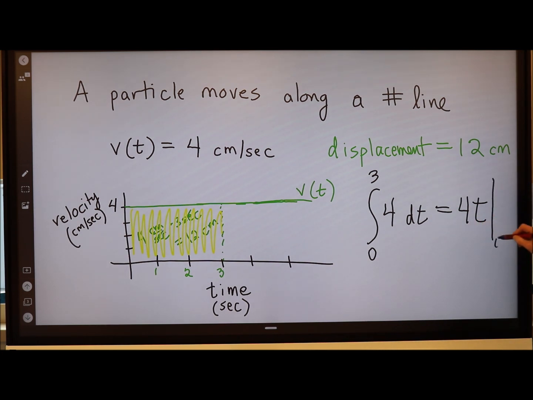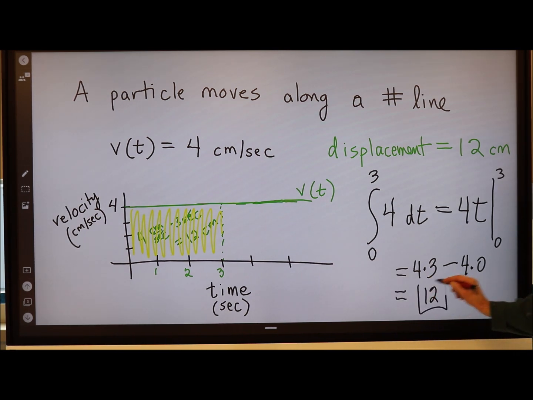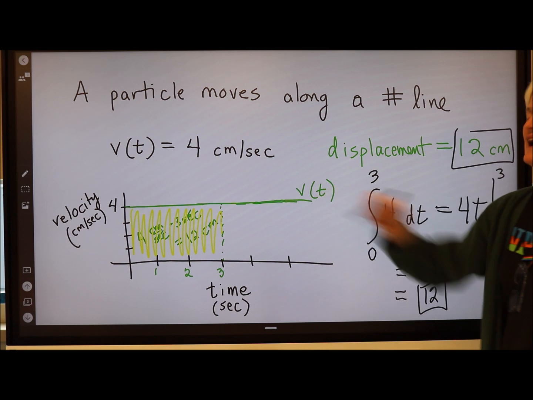I put a little 0 here and a 3 there, and then I substitute in. That's going to be 4 times 3 minus 4 times 0. I'm just doing my definite integral. So this is going to be 12 minus 0, or 12. Holy cow, that's what we got by finding the area.